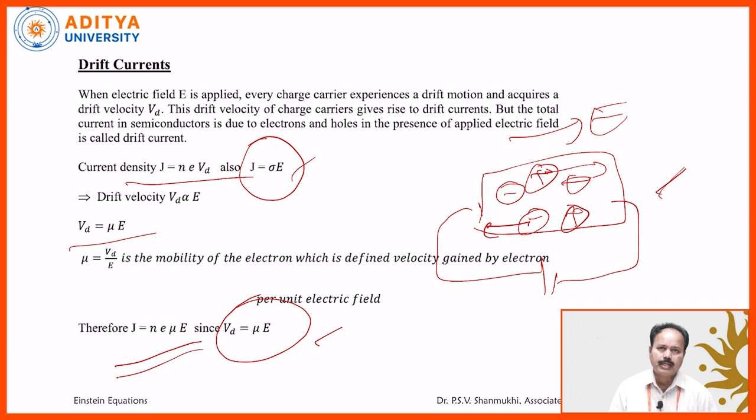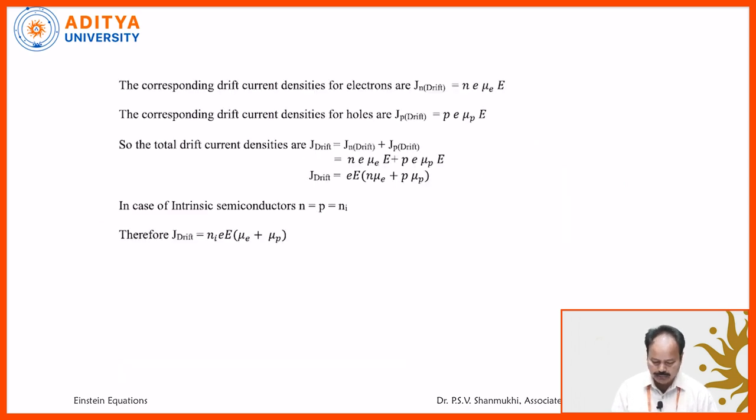There are two types of charge carriers in an intrinsic semiconductor, electrons as well as holes. So what is the drift current density due to electrons, and what is the drift current density due to holes? That is what we have to see. In the case of electrons, the drift current density Jn drift is equal to N e mu e into E, where N is the electron density, e is the charge of the electron, mu e is the mobility, and E is the applied electric field.